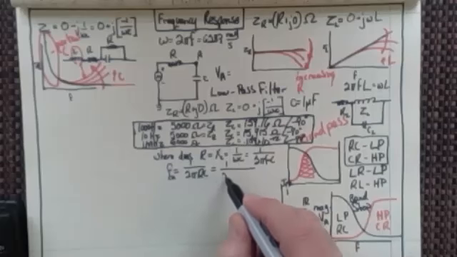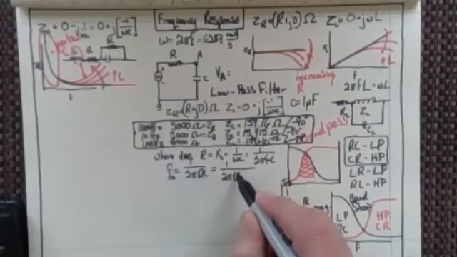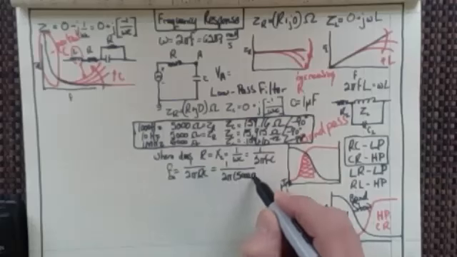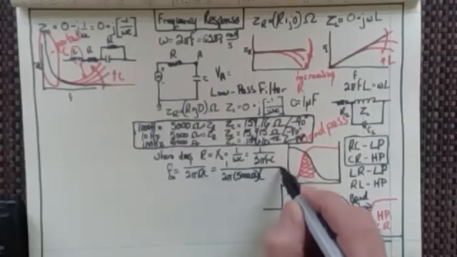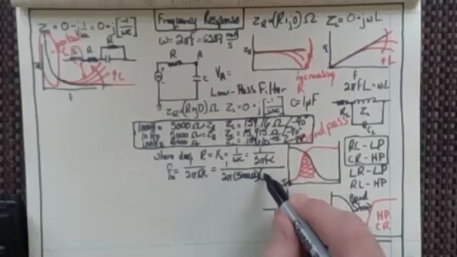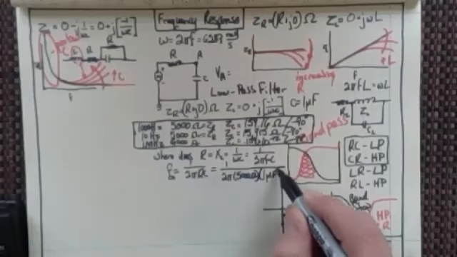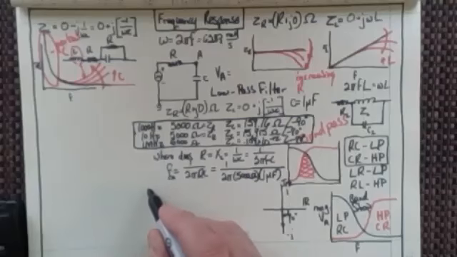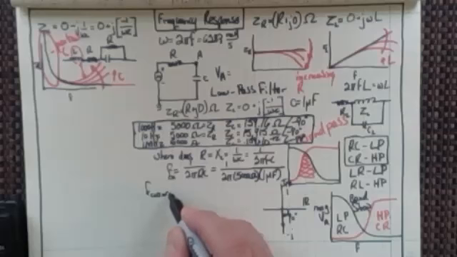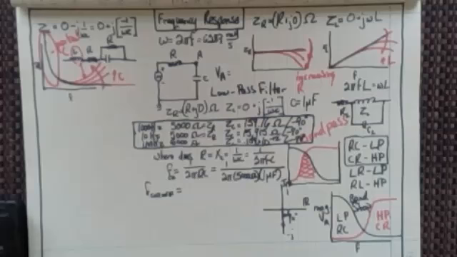So 1 over 2 pi times 5,000 ohms times C, which is 1 microfarad. And we should be able to find our cutoff frequency. So I'll write the whole thing out. Cutoff frequency is going to be 5,000 times 1 microfarad times 2 times pi.